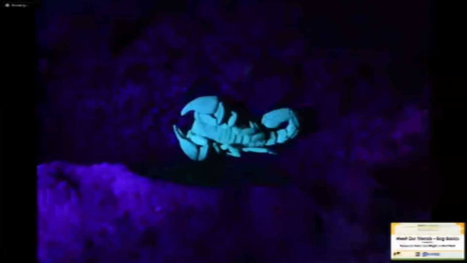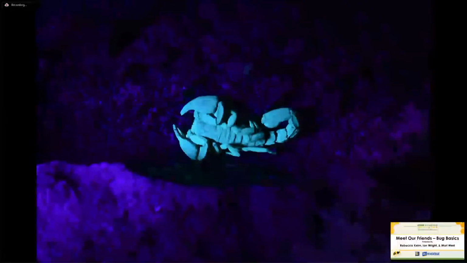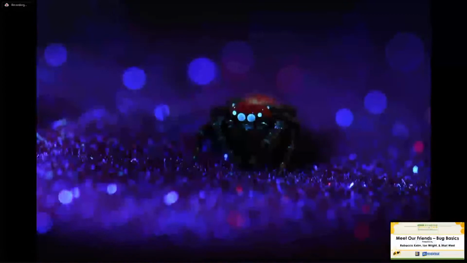And what's really neat is when they shed their skin, even the shed molt, the skin itself, will fluoresce in ultraviolet light. And if you put a scorpion into alcohol, which you do to collect it and curate it in a museum so that we can study it for years and years, the alcohol fluoresces, which is just totally mind-blowing. We have no idea what's going on with that. And if you point a UV flashlight at a jumping spider, for example, you might even find that jumping spiders fluoresce.